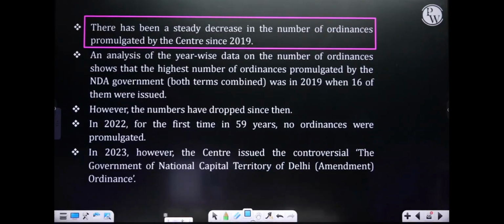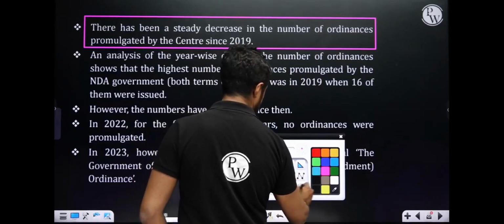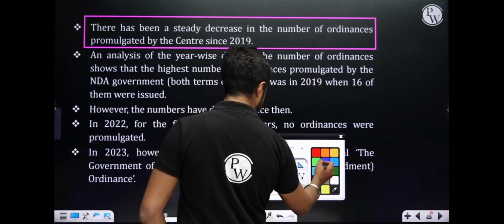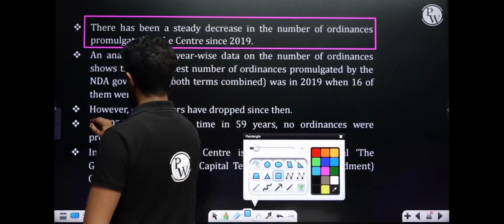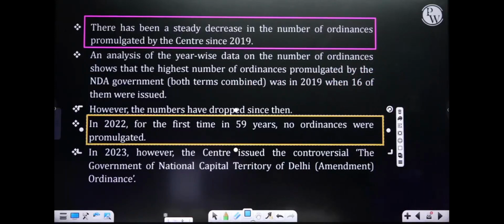However, the numbers have dropped since then. In 2022, for the first time in 59 years, no ordinances were promulgated. In 2023, however, the center issued the controversial Government of National Capital Territory of Delhi Amendment Ordinance.